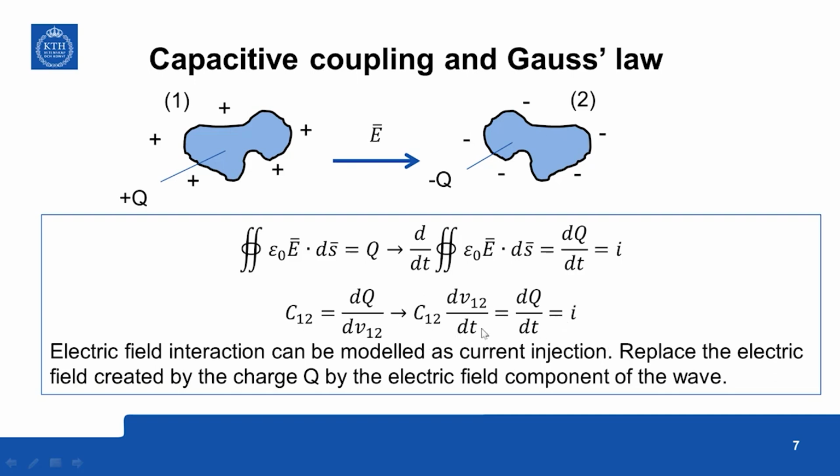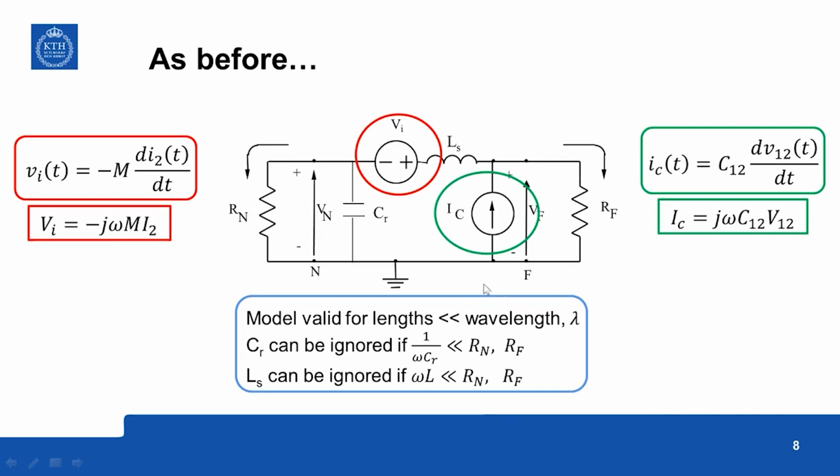However, here we will not use this coupling capacitance. Instead we will use the electric field component of the wave for finding the model. So this is just a recap of what we have seen before for the near field.